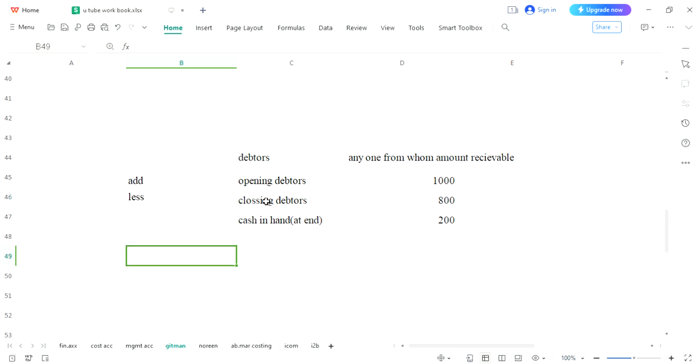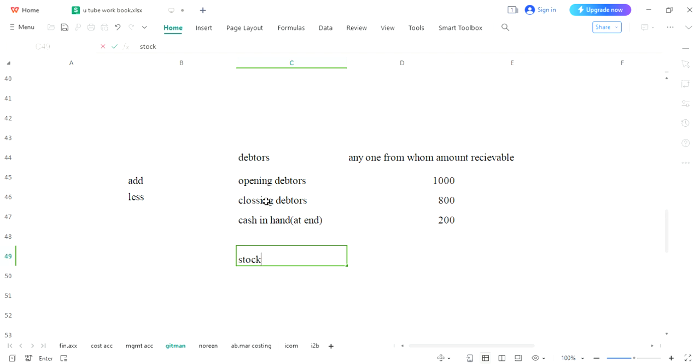Now the same story applies to all other current assets. And you do know that in accounting ratios we understood stock is a current asset, bill receivable is a current asset, debtors are a current asset, cash is a current asset.